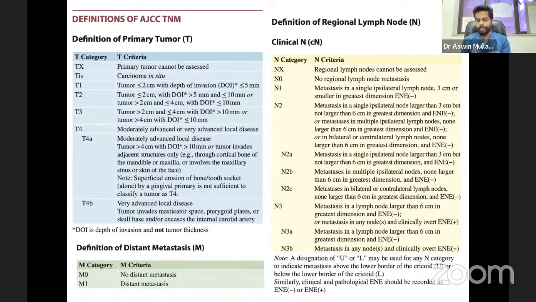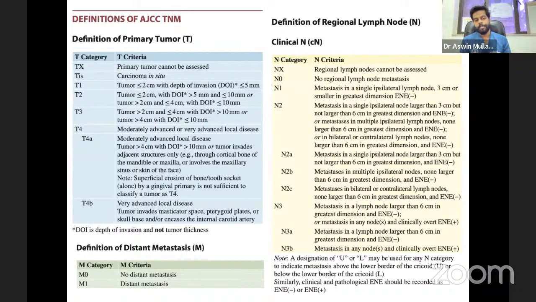You will find these things everywhere. If you are browsing through the internet, you will get further details of the TNM. I'll just explain briefly. So this is the AJCC 8th edition. You have the tumor category, the definition of the primary tumor. T stands for primary tumor. So it will be TX, that tumor cannot be assessed, then Tis, carcinoma in situ.